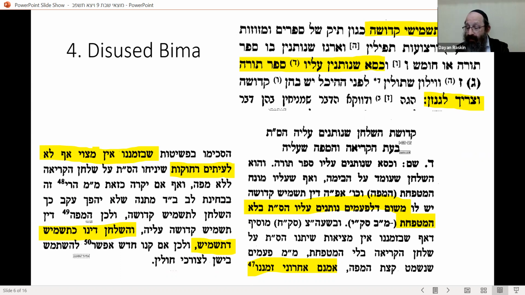So then he quotes here from the Mishnah Berurah in Sharat Tzion that although nowadays we never read without a cloth under the Sefer Torah, however, sometimes it slips a bit.